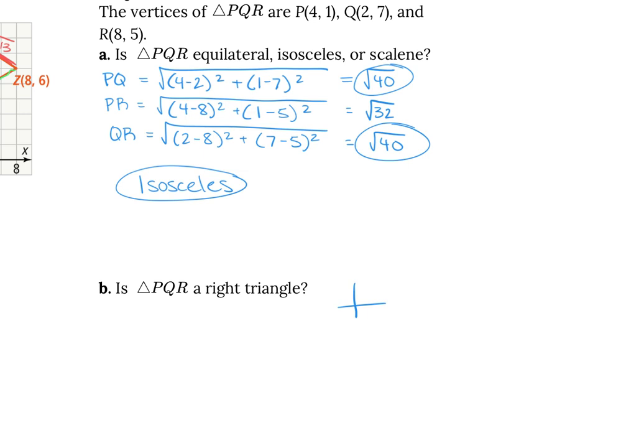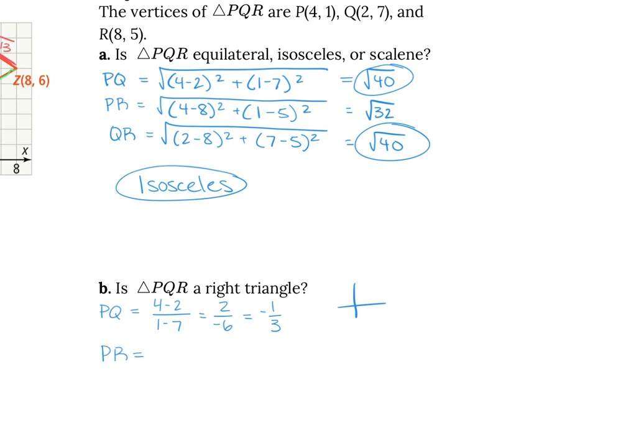So we're going to find each of the slopes and see if we have negative reciprocal of one of those slopes. All right, so we're going to check PQ. So my slopes. Okay, so my first slope is negative 1/3.